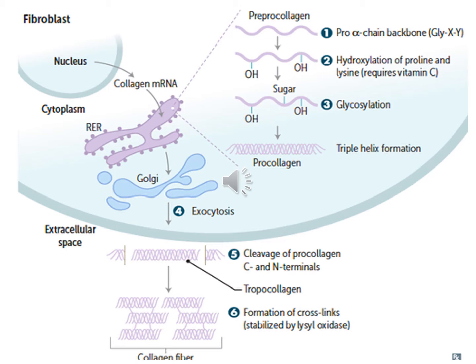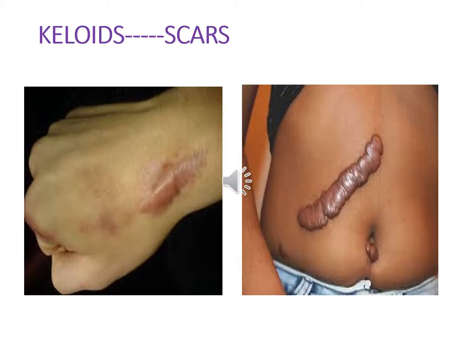So cleavage of the pro-collagen takes place in the extracellular space. After the cleavage, it becomes tropocollagen. It then forms cross-linking and stabilized bonds, forming collagen fibers. Cross-linking requires the enzyme lysyl oxidase. So this is the process of collagen synthesis.